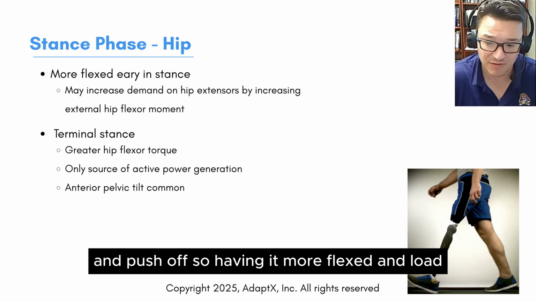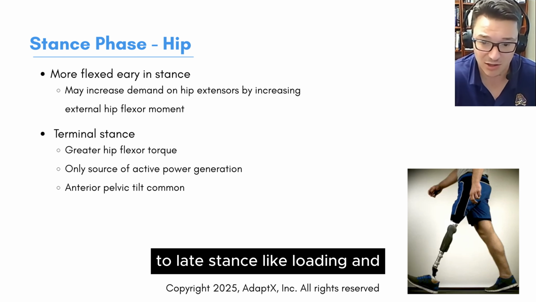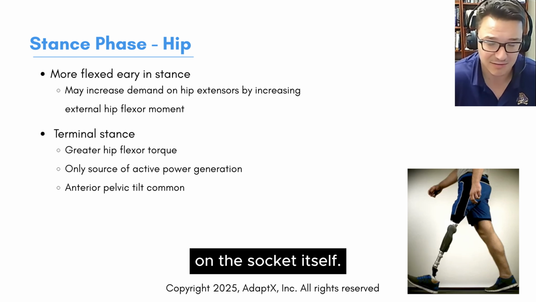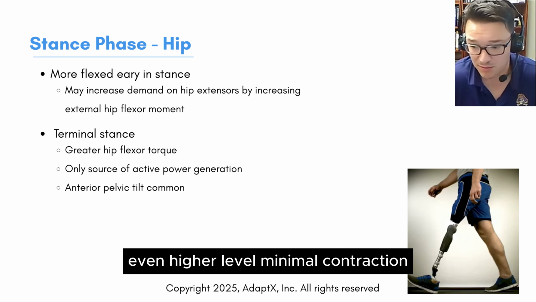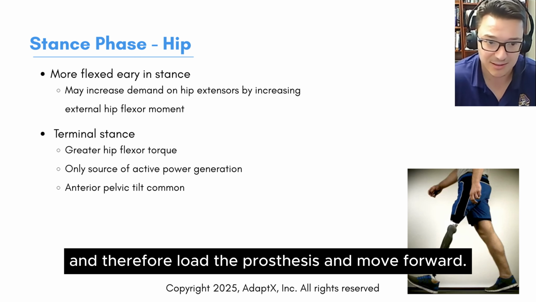So having it more flexed and loading those extensors can help with loading and using those muscles in the residual limb to push on the socket itself. So that more flexed posture may also be an adaptation, even at high level with minimal contracture, to actually load the socket and therefore load the prosthesis and move forward.